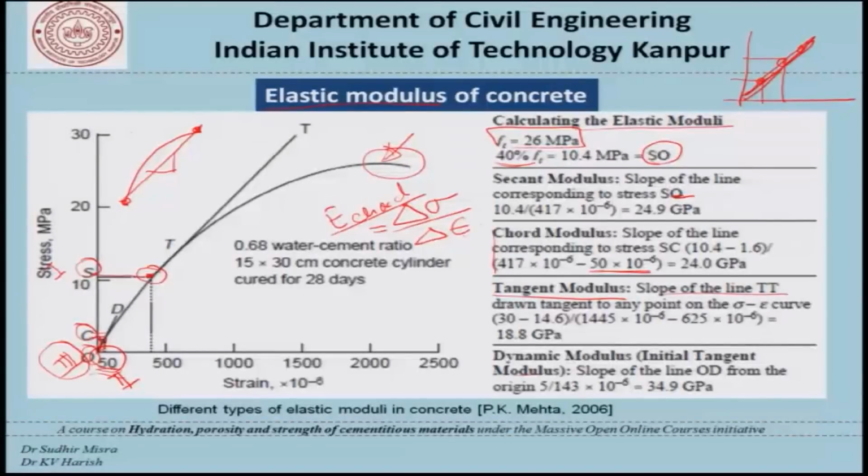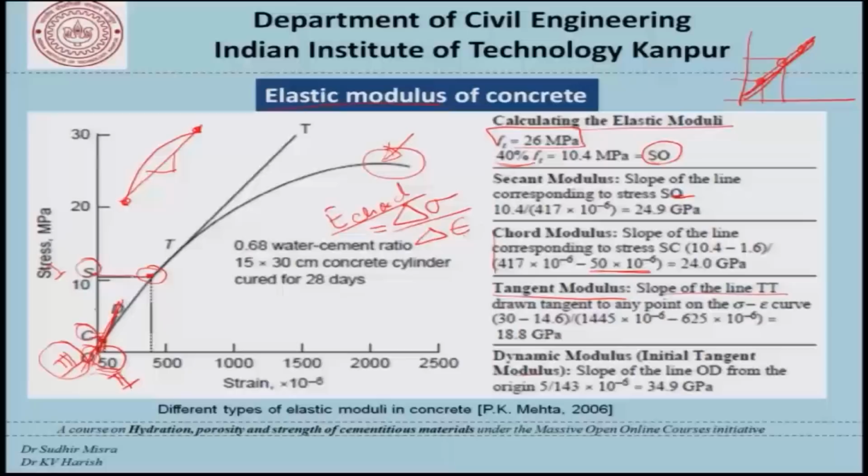So the tangent can be drawn at any point on this curve, and that slope will give us the tangent modulus. Coming to the dynamic modulus, it is also the initial tangent modulus. That is, we draw the tangent at the origin of the stress strain curve, and that is our dynamic modulus of elasticity.